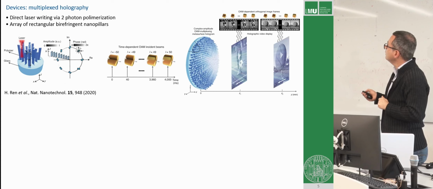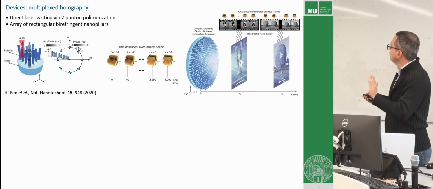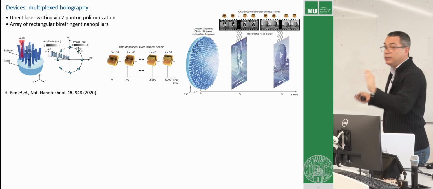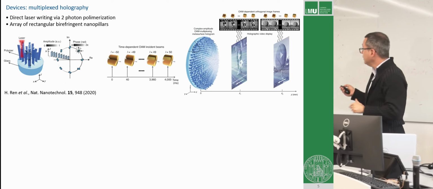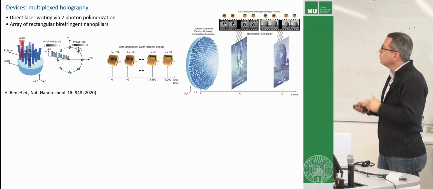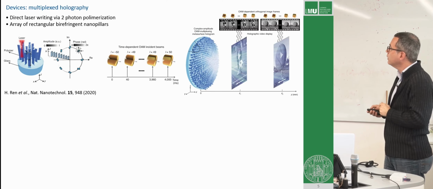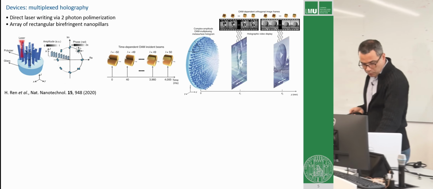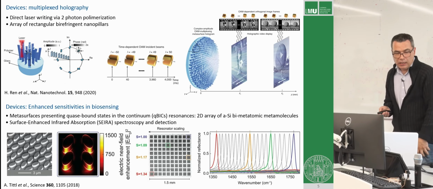And this is also nice because this kind of approach allows you to also project a second hologram displaced in the Fourier space, and this in the end allows you also to project 3D holograms. So this is a very important work in the area of holography and exploring also the properties of the metasurfaces.